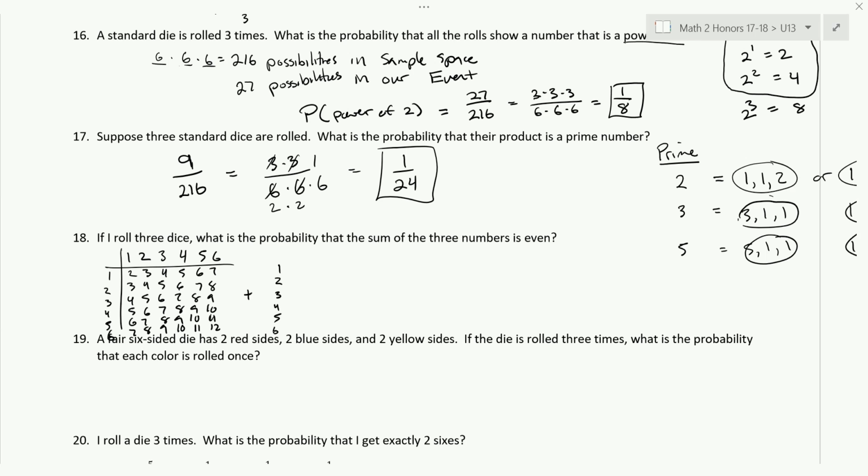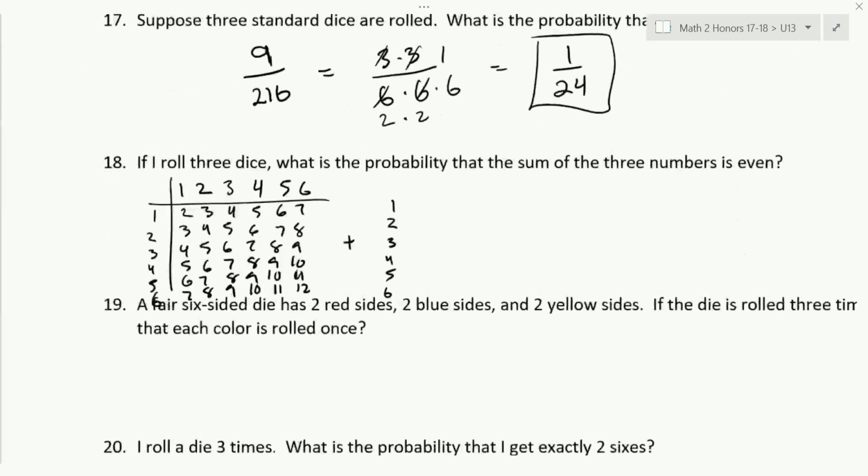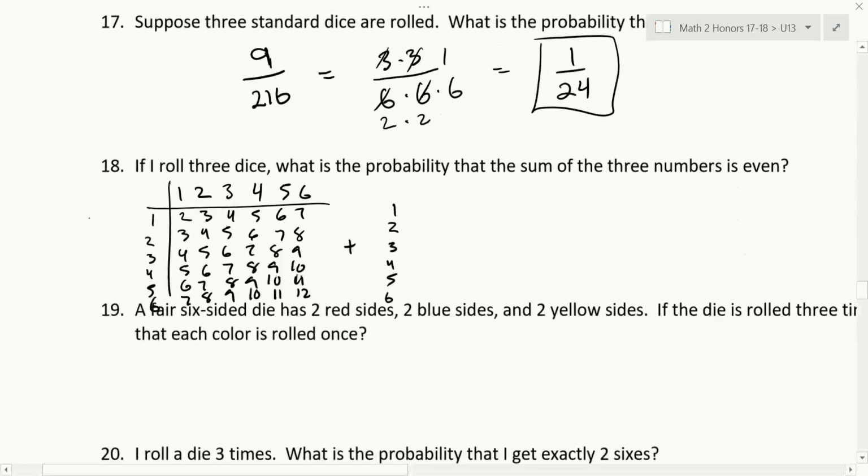So let's just think about when we add them with the 1. Which of these numbers, when you add them with a 1, will be even? Okay, so if you take all your odd numbers, now how many odd numbers are there out of that 36? Okay, so we have 18 odd numbers and how many even? 18 even sums, right?